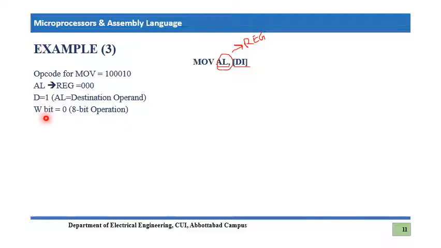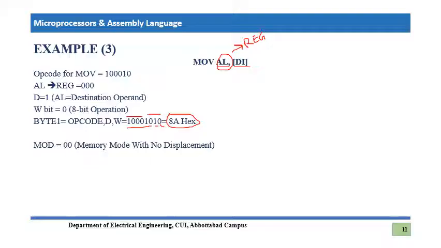The W bit, which is the size bit, is going to be 0 because we are dealing here with an 8-bit register, so an 8-bit operation. So the first byte is opcode, D, W: 100010, D is 1, W is 0, so it's 1000 and 1010. That means 8A is going to be our first byte.